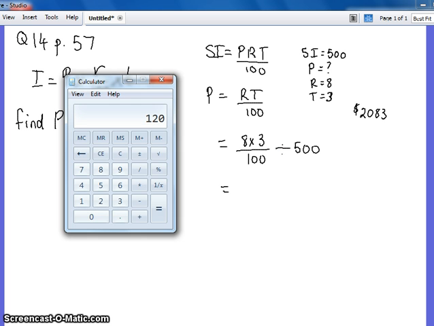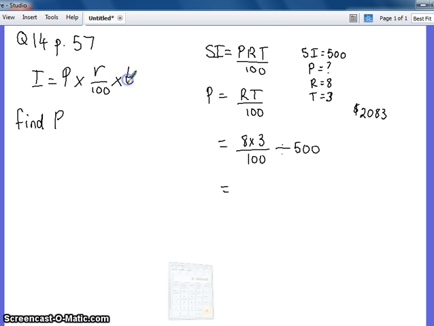What I'm doing is a process of trial and error, aren't I? So 8 times 3 divide 100 equals 0.24, divide 500 equals, that doesn't work either. So what else do we have to do? We have to think of something else.